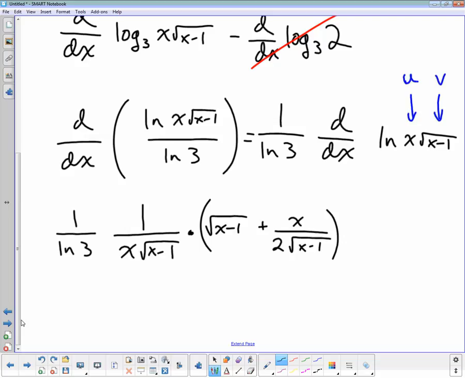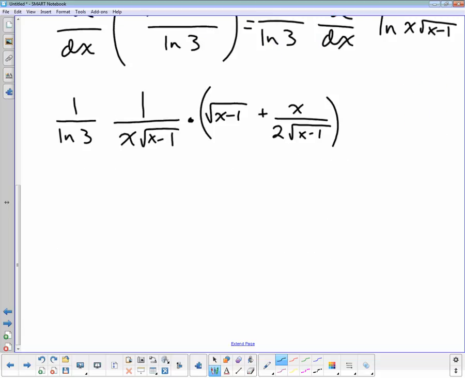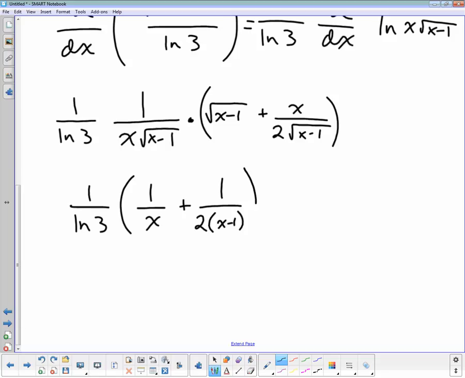The natural log of 3 is just a number. It's just a constant. It comes out, right? You're not fooling with it. And in fact, this thing cleans up pretty nicely if we actually multiply and distribute in. Distributing in, these radicals disappear. And those x's cancel out, and I wind up with, you know, you can simplify if you really want to. It's no problem.